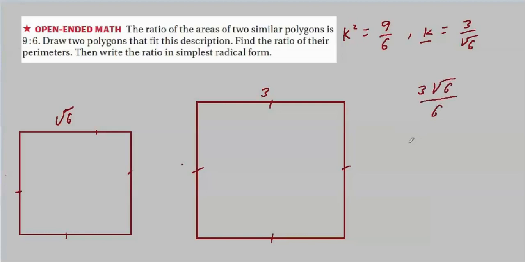But we can rewrite that as 1/2 times the square root of 6. And that's the way most people like to see radicals written, as some number out here times the radical here. Or root 6 over 2, and that's cool also.